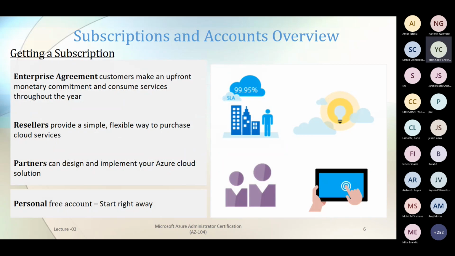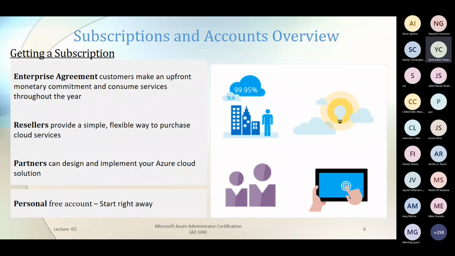So, getting a subscription: what are the different ways of getting a subscription? There are several ways to get an Azure subscription. One is enterprise agreement, one is Microsoft seller, another is Microsoft partner, and the last one is a personal free account.